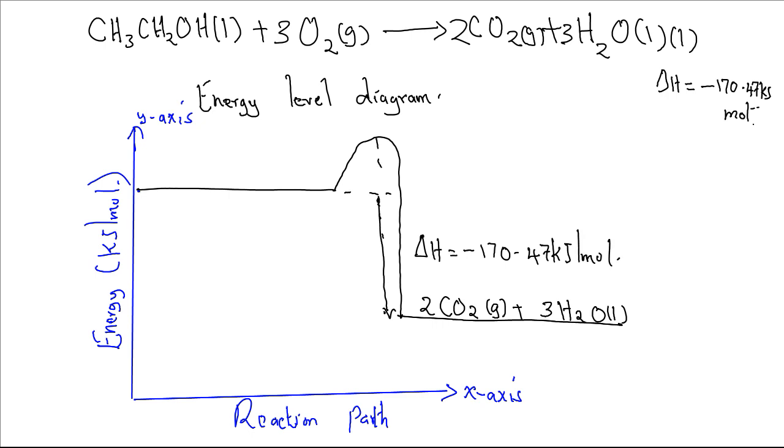Then there is activation energy. The reactants are simply 1 mole of ethanol undergoing the combustion. That is 3 moles of oxygen used. And that is the illustration of the equation in the energy level diagram. That is the thermochemical equation.